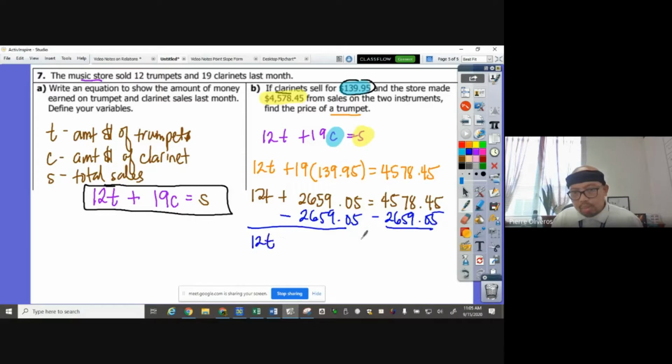The 2,659.05 will drop, and the difference will be 1,919 dollars and 40 cents. I will divide this by 12 and this by 12.